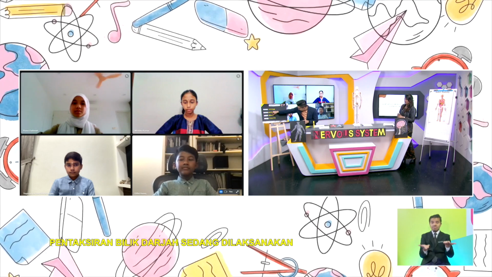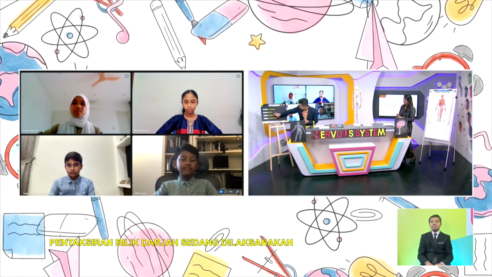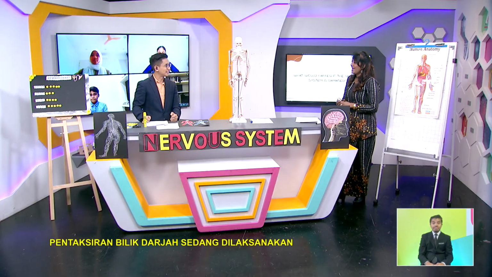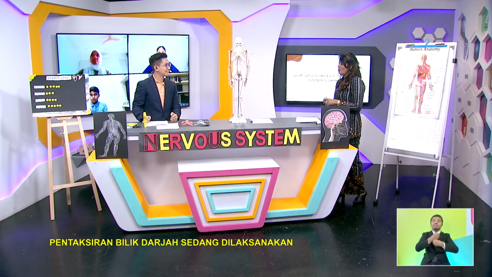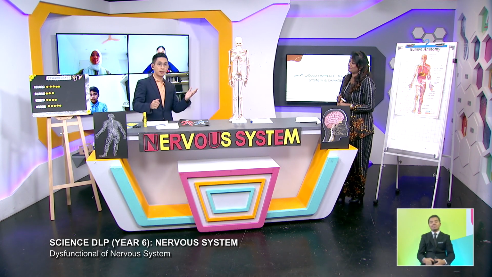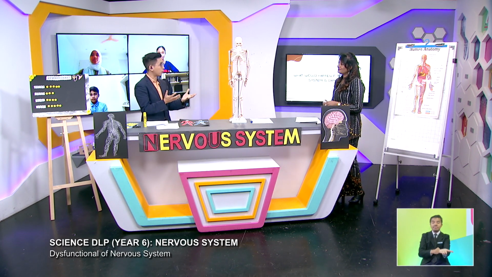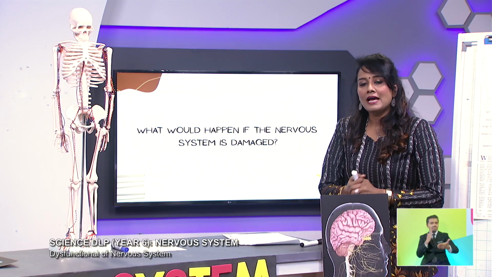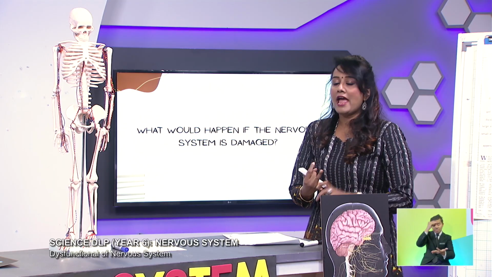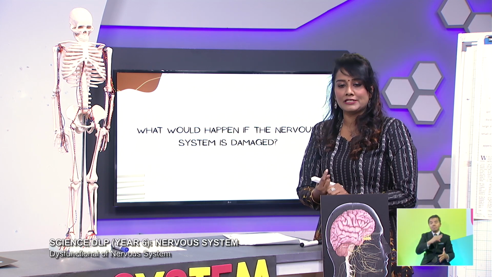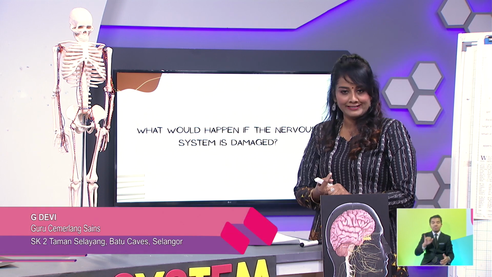So I think they could manage to answer my questions. And I hope they know what they have learned today is about the nervous system. Maybe you could also share a summary on what we learned today, teacher. We have learned about the central nervous system and the peripheral nervous system. What is the function of the central nervous system? What is the function of the peripheral nervous system?